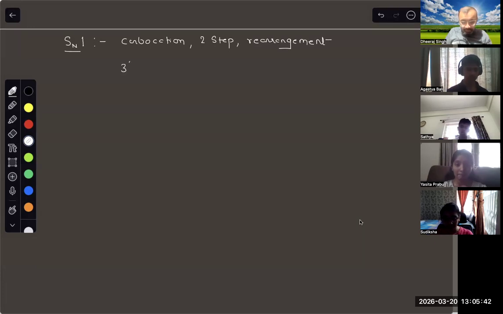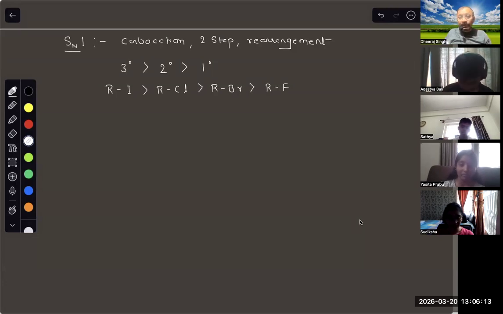Then, out of 3 degree, 2 degree, 1 degree, which has a higher chance of SN1? 3 degree. Agree. 3 degree. Out of RI, RCl, RBr, RF, which one has the highest chance of SN1? RI, because the leaving group should be a good leaving group. Otherwise, no carbocation.